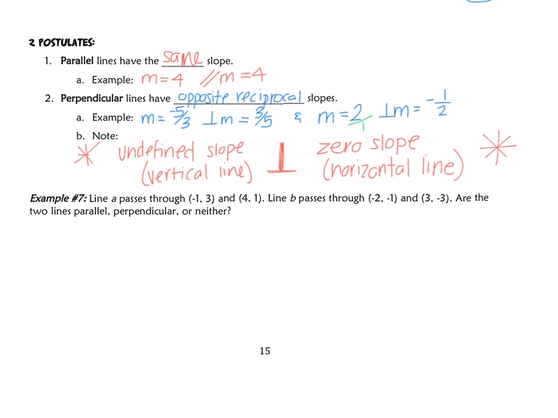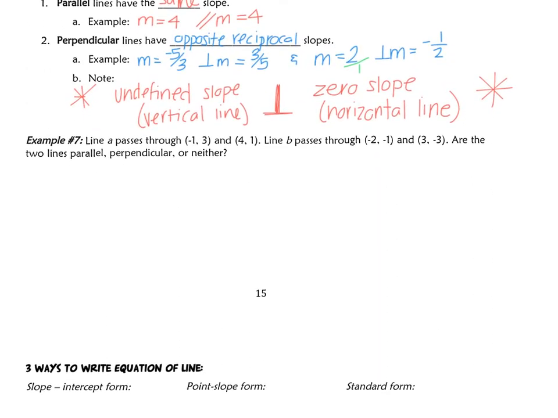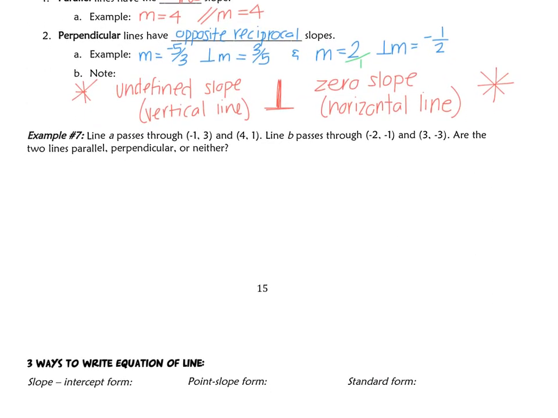Okay. Now you're going to be asked, like the objective said, to prove if lines are parallel, perpendicular, or neither. So example 7 brings that in. Line A passes through negative 1, 3 and 4, 1. Line B passes through -2, -1 and 3, -3. Are the lines parallel, perpendicular, or neither?